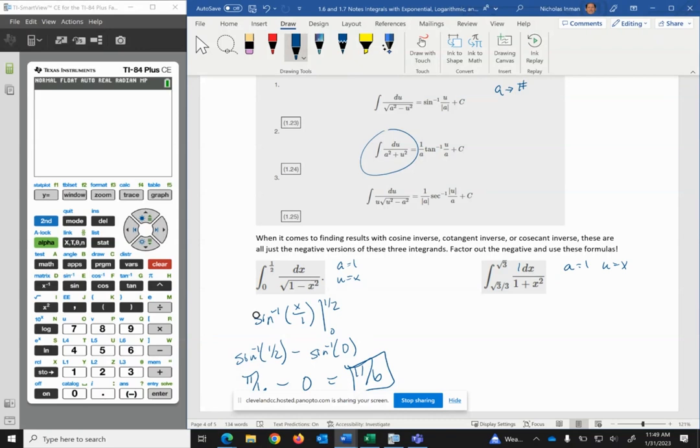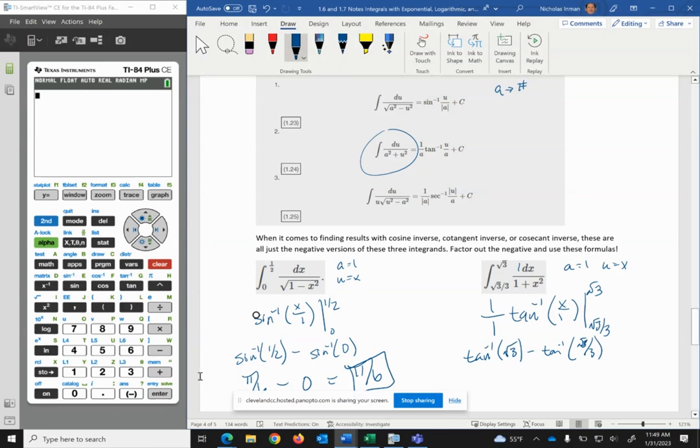So to do this integral, it would be 1 over 1 tan inverse of x over 1, from radical 3 over 3 to radical 3. The ones aren't super important. So we're doing tangent inverse of radical 3 minus tangent inverse of radical 3 over 3.